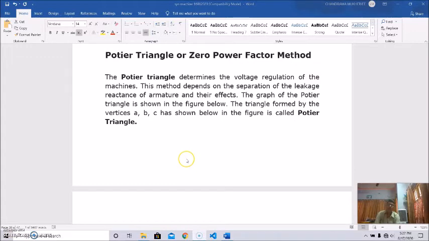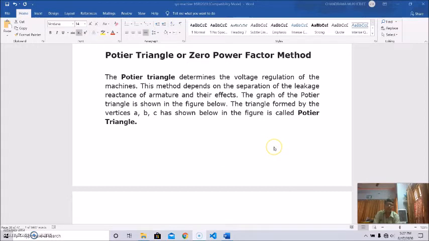Now we'll discuss the Potier triangle or zero power factor method. The Potier triangle basically determines the voltage regulation of the machines. This method depends on the separation of the leakage reactance of the armature and their effects. The graph of the Potier triangle is drawn below.